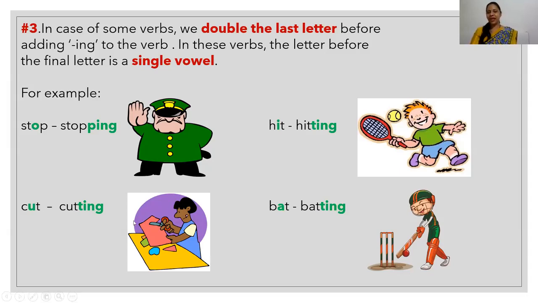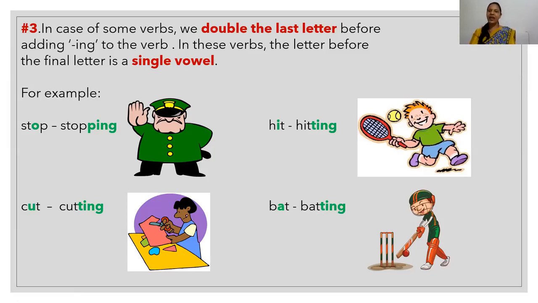Next, bat. Here, the final letter T has a single vowel A before it. So, again, what are we going to do? Very good. We are going to add one more T and ing. So, base verb bat is converted into its ing form by writing B-A-T-T-I-N-G, batting.